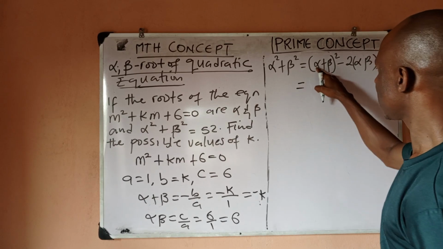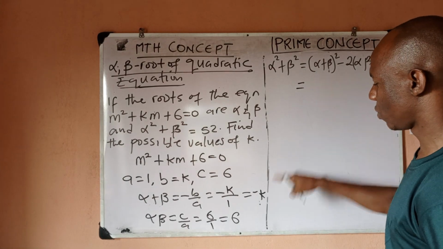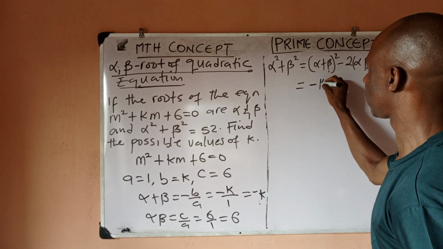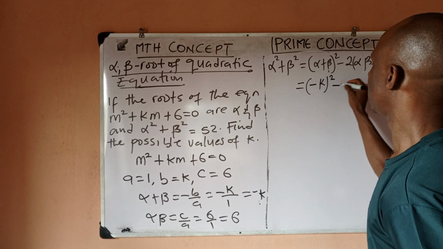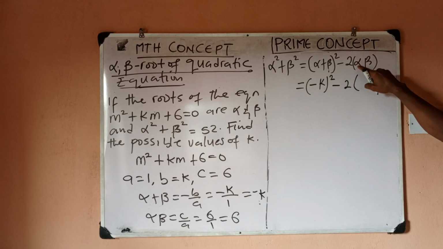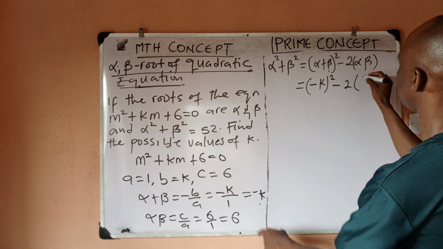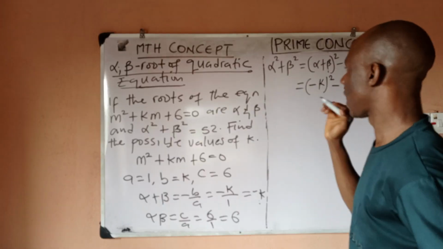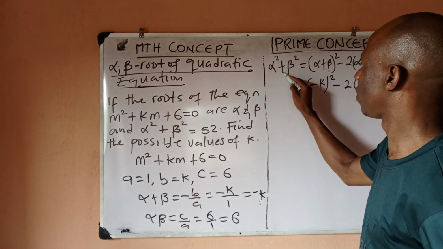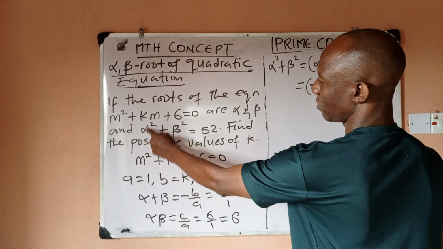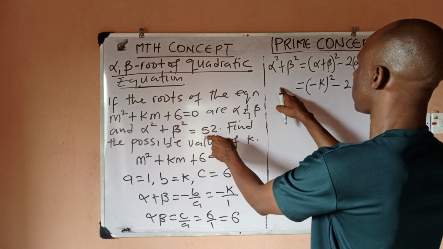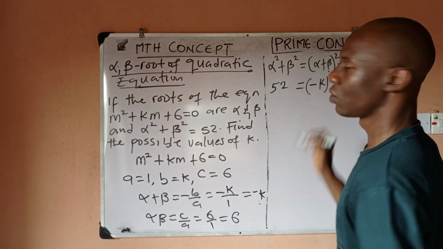So alpha plus beta we just derived to be minus k. So I'll say minus k all squared minus 2 times alpha beta. What is alpha beta? It is 6. So now recall that alpha squared plus beta squared, they gave us as 52. So I'll quickly write 52 here.